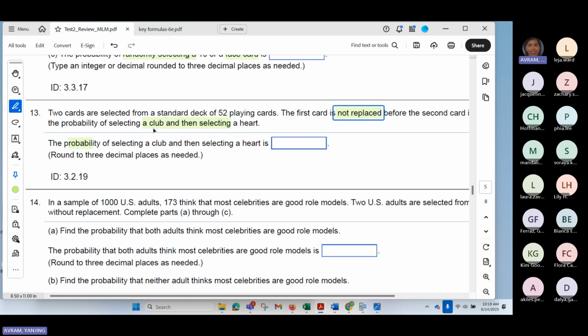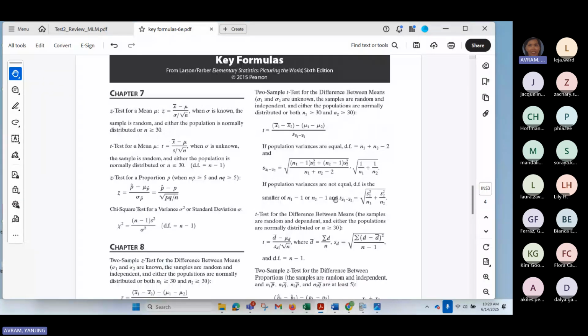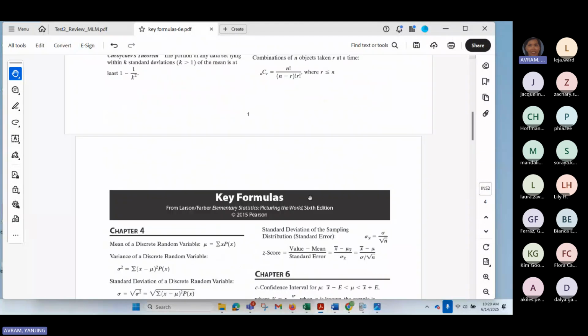Okay, probability of selecting a club and then selecting a heart. So when you have an AND in here, how do you do this one? It's using multiply. Okay, you can go to the key formula here, number 3, chapter 3.